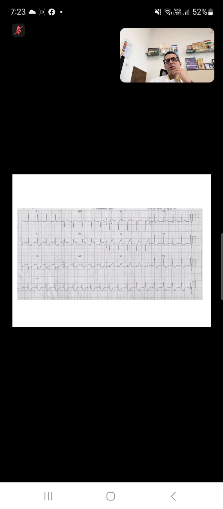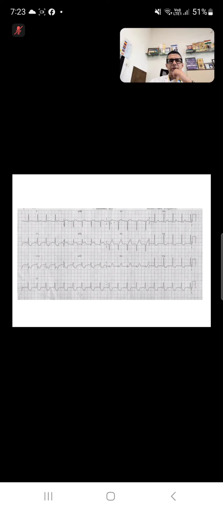V2, V3 also have slight elevation. It looks like the STs tend to be going up, V1 to V3. Again, V5, V6 there is ST depression. Okay. Next.